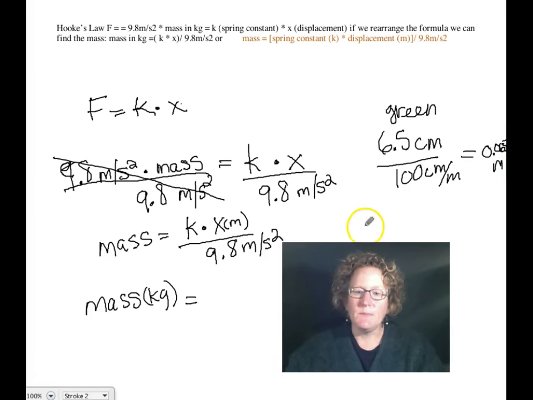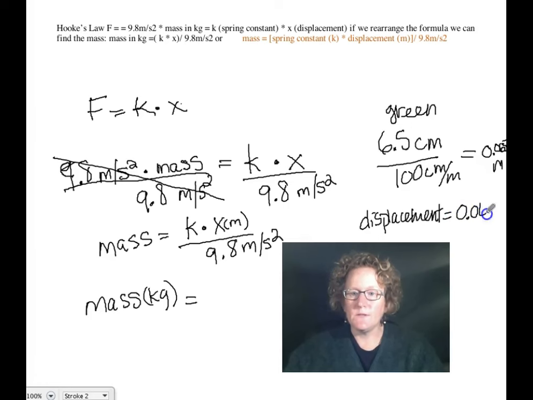So our displacement that we just measured, we found by experiment, is 0.065 meters.